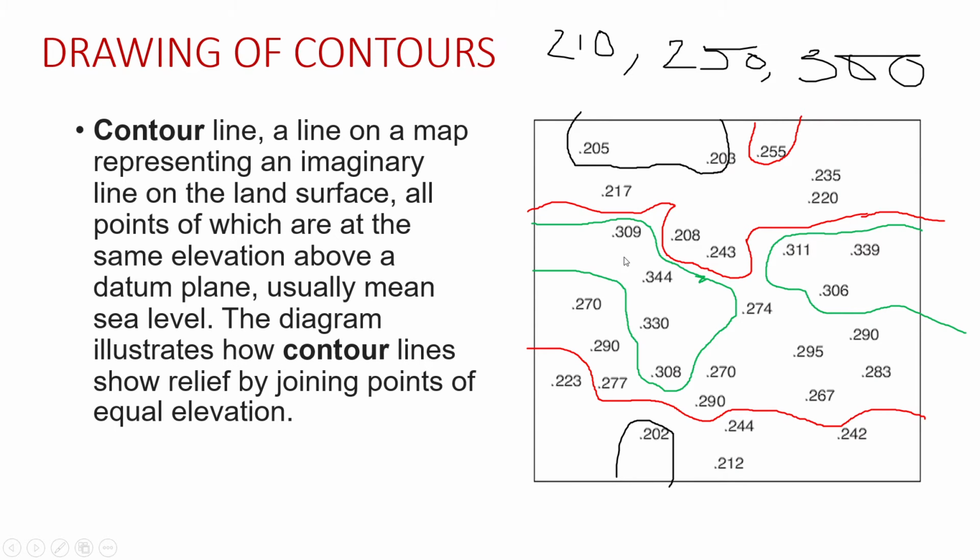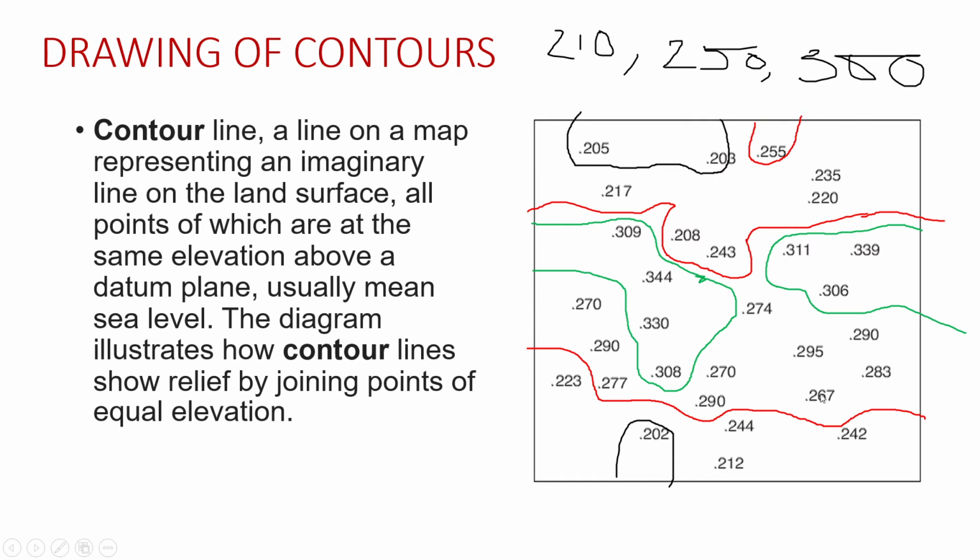So we can check whether our zones and our contour lines are correct or not. For 210, the numbers within this zone will be less than 210. Again, if we take 250, the zone which comes under this red line has values lesser than 250.